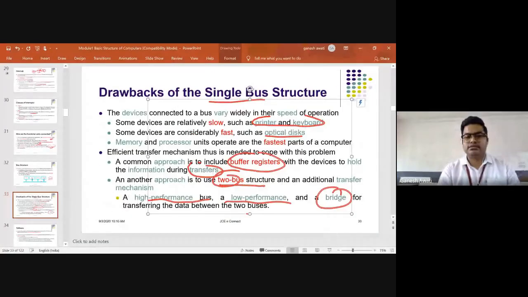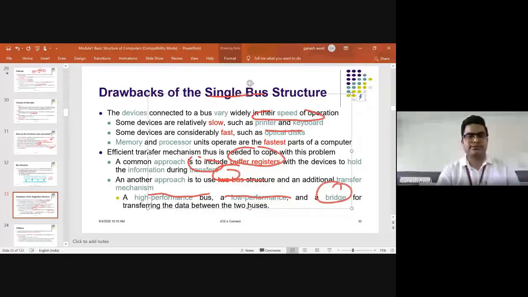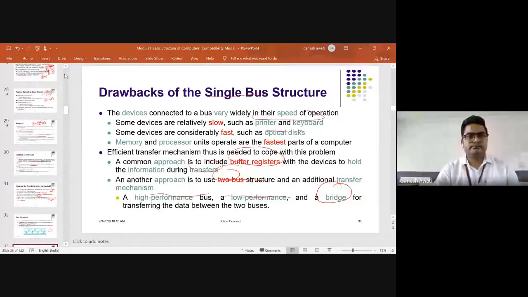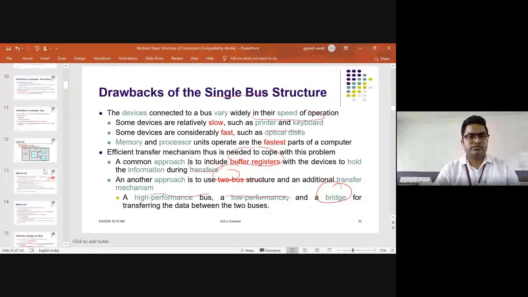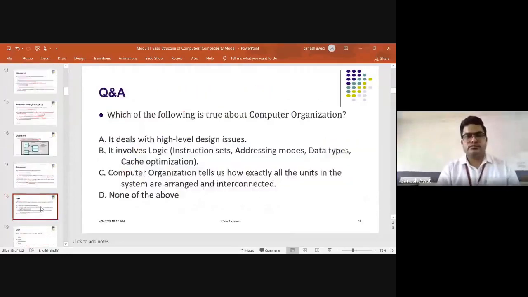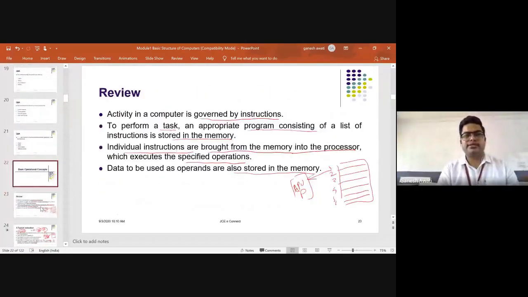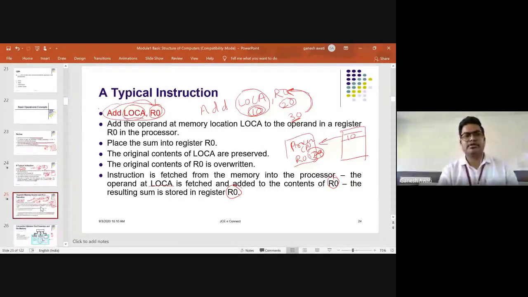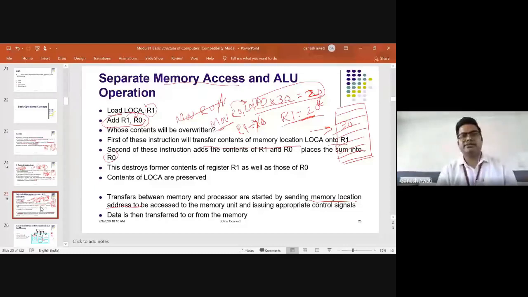So what we have discussed today is the basic operational concept: how the operations take place in your computer and how the instructions get executed. We discussed the typical form of instructions, then separate memory access instructions and ALU operations.